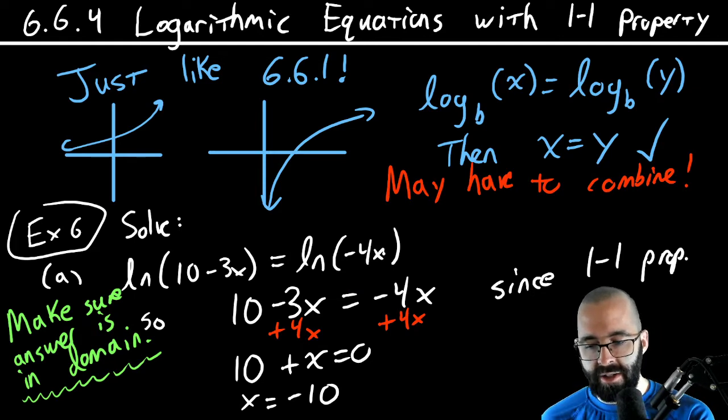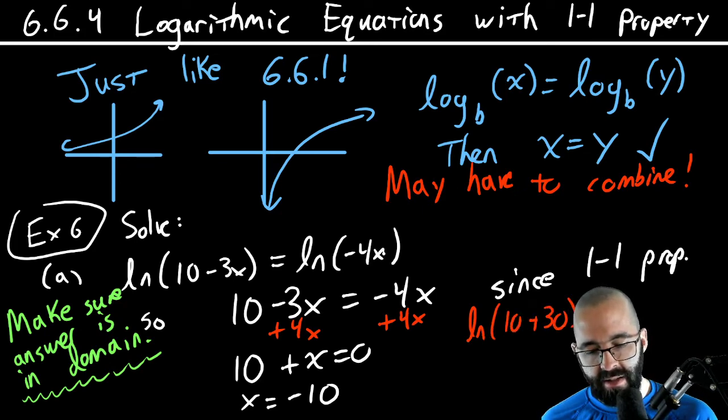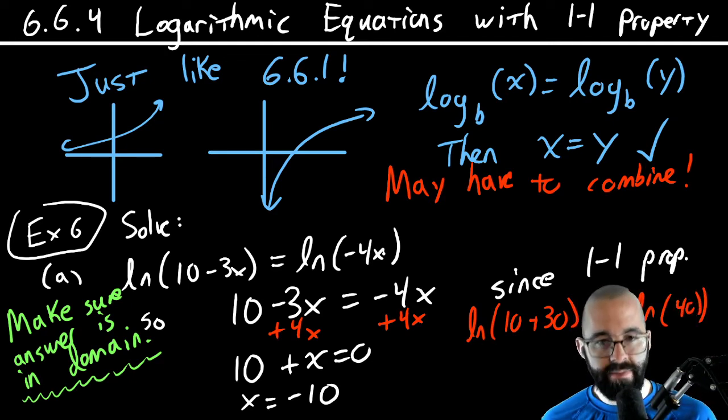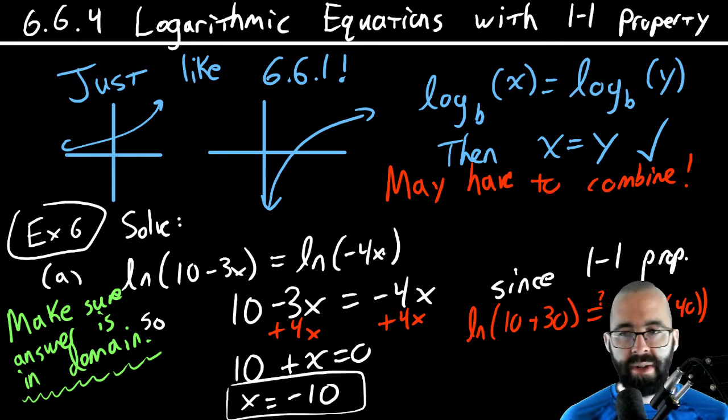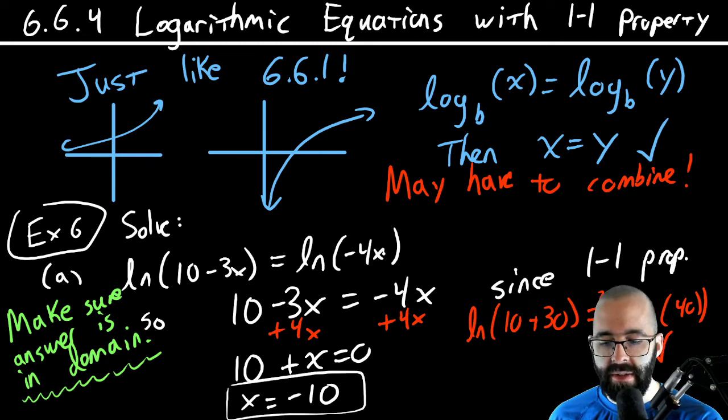So it's a very good idea to check your answer before you box. The natural log of 10 minus negative 30 becomes 10 plus 30. Is that equal to the natural log of 40? Yep. We're good to go. We're not taking the natural log of any negative numbers. Good idea to check your answer always.